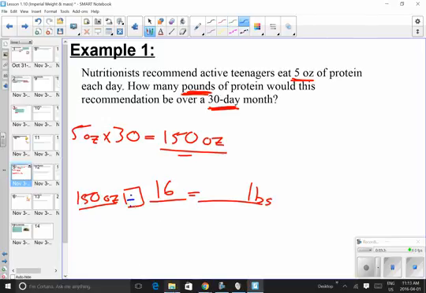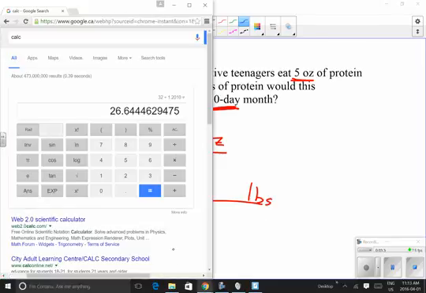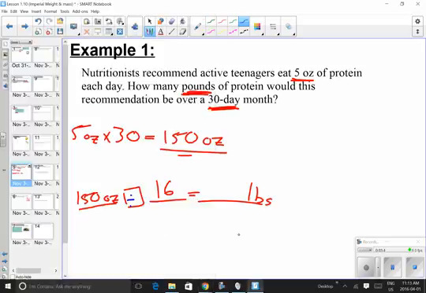So 150 divided by 16. And so that'll be 9.375 pounds. So an active teenager is supposed to have almost 10 pounds of protein per month.